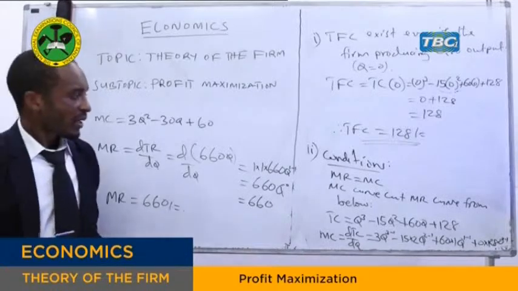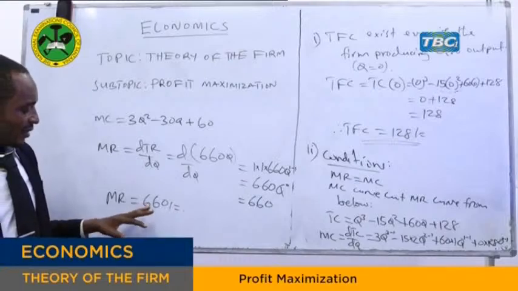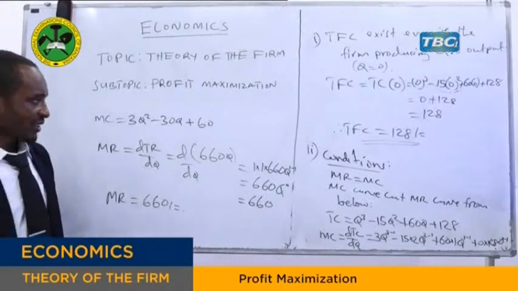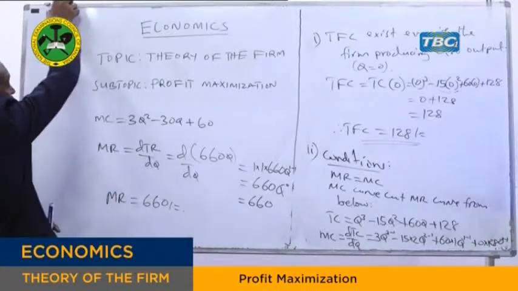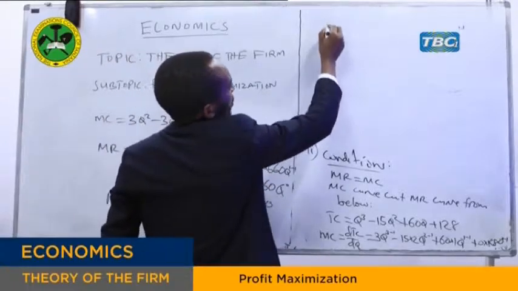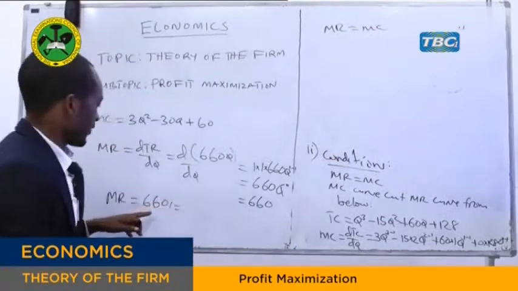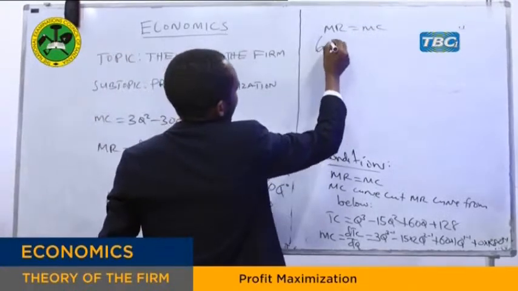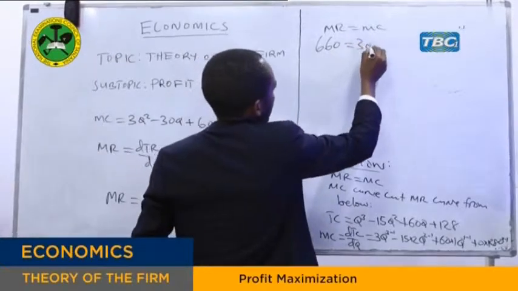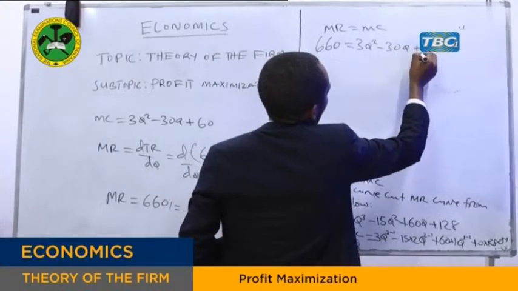So a firm will maximize profit when marginal cost equals marginal revenue. Now equating marginal revenue to marginal cost: 660 equals 3Q squared minus 30Q plus 60.